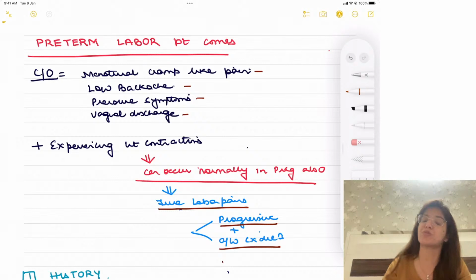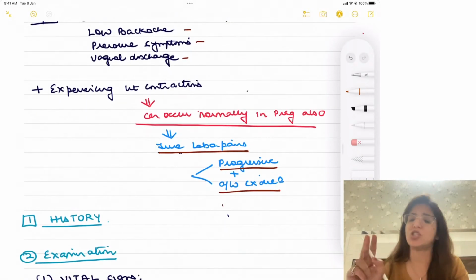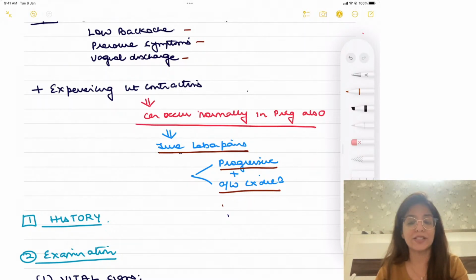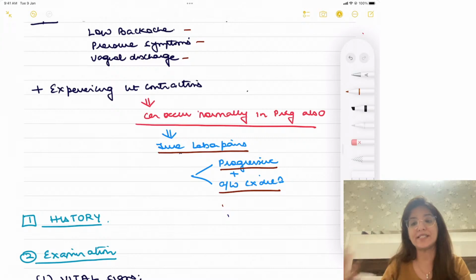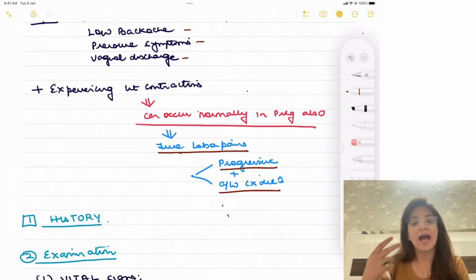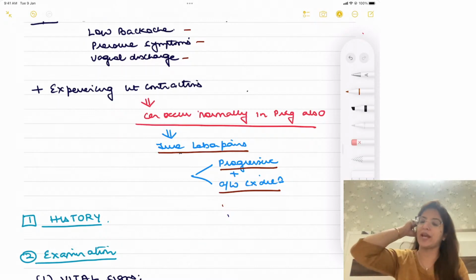If you are a Marrow subscriber, then you also know this, because I have always been stressing these two very important points which help in distinguishing true from false labor pains, apart from many other things. Number one, true labor pains are progressive. What do I mean by progressive? They will increase in intensity, frequency, and strength as time passes. And number two, they are associated with cervical dilatation.